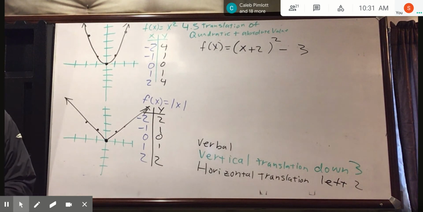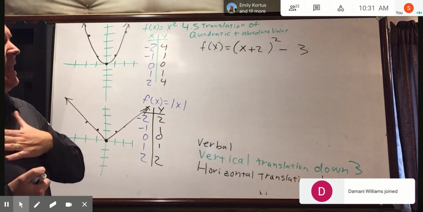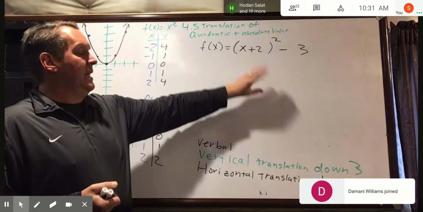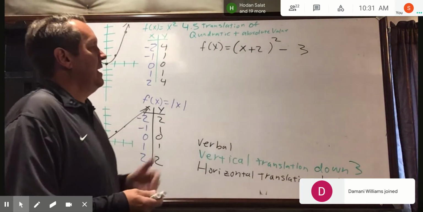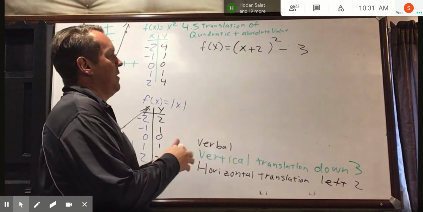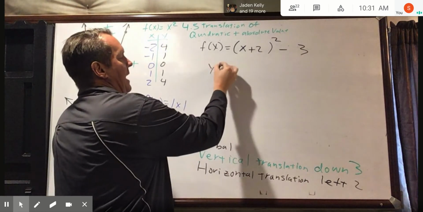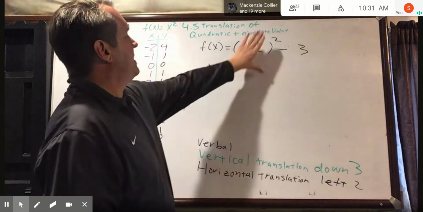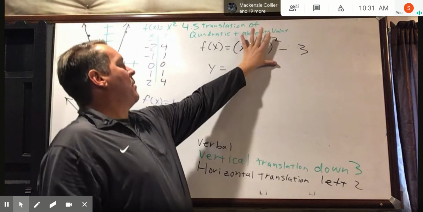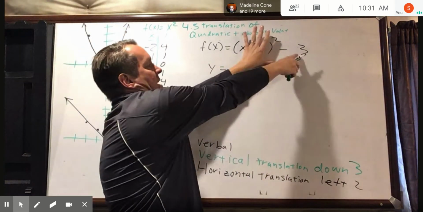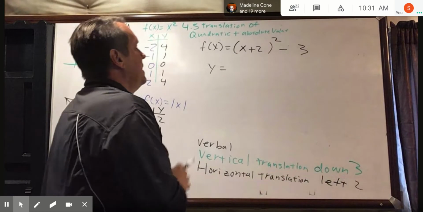Pretty good. Now, do not write this down. Someone could not understand why. Here's the reason why we're going to go left 2. Last week we said f of x is the same thing as the letter y. If I take this and I block that part out, I have y equals -3. That means down 3.